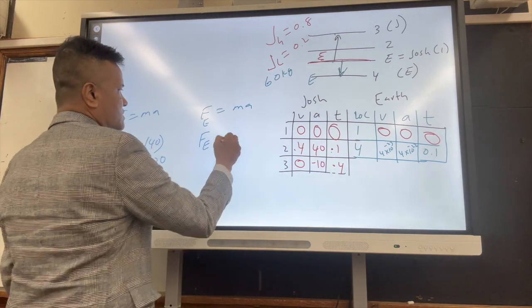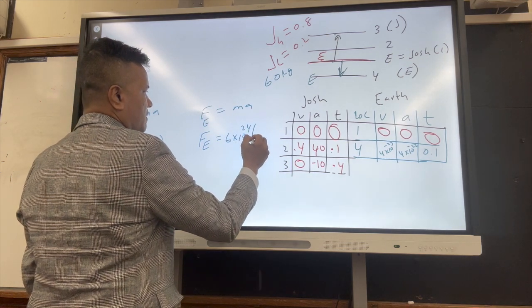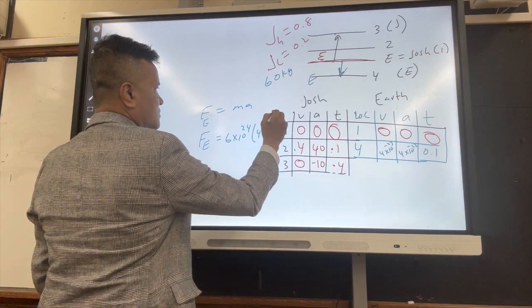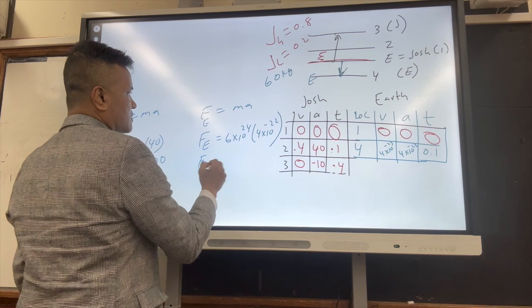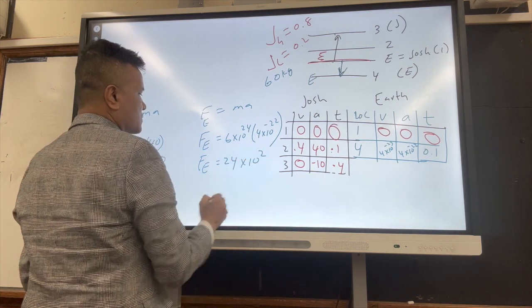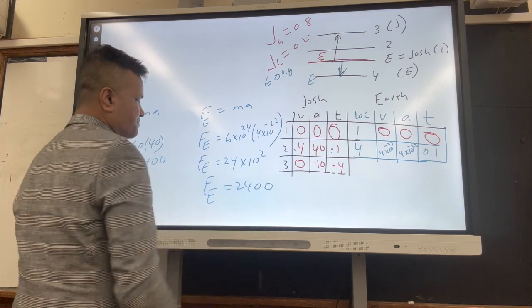That equals m, which is 6 times 10 raised to 24, times the acceleration, which is 4 times 10 raised to negative 22. So the force on Earth is 2400.